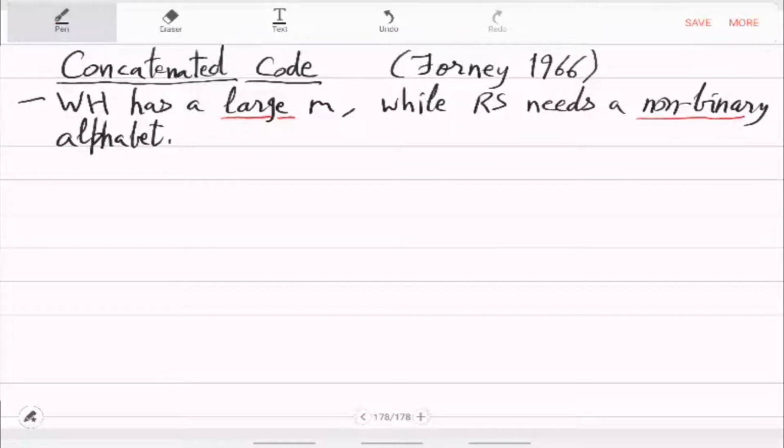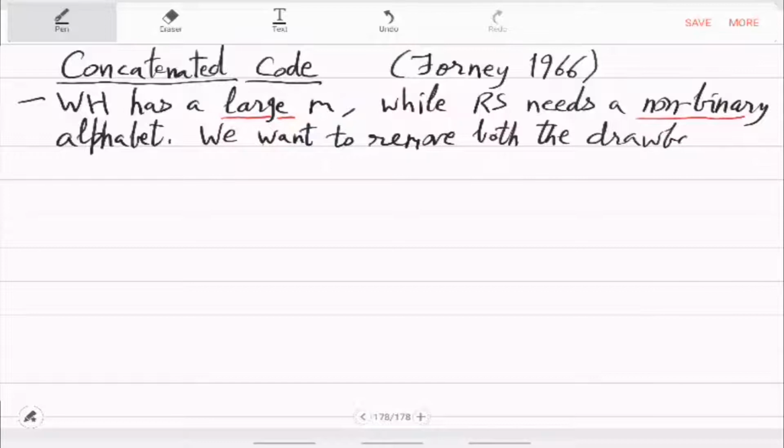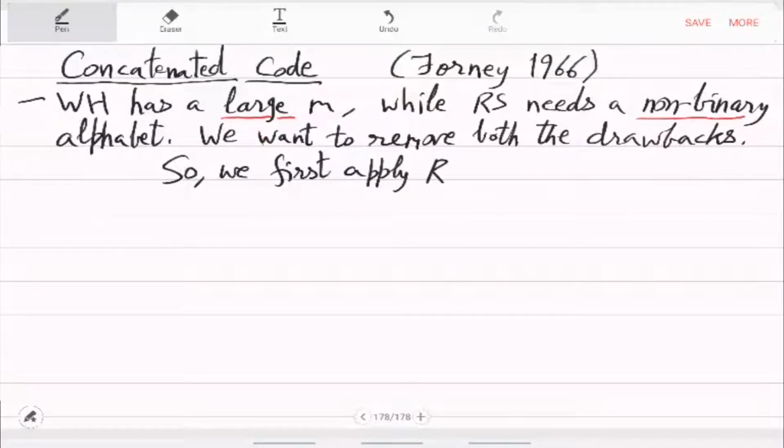We want to solve both the problems, the solution will be via concatenation. We want to remove both the drawbacks. So, what we do is we first apply Reed-Solomon, and then we apply on the non-binary alphabet these field elements, we apply the Walsh-Hadamard code.